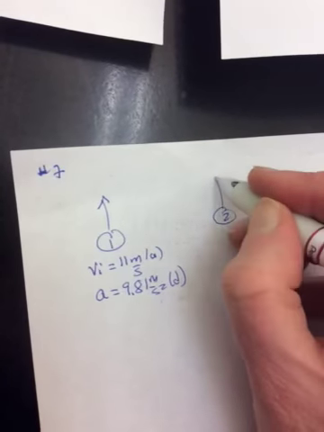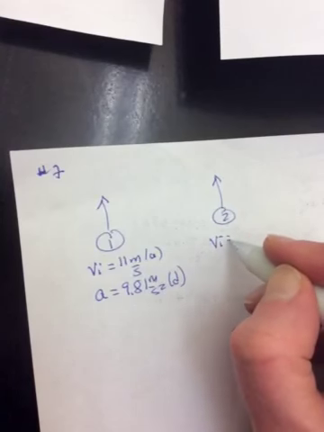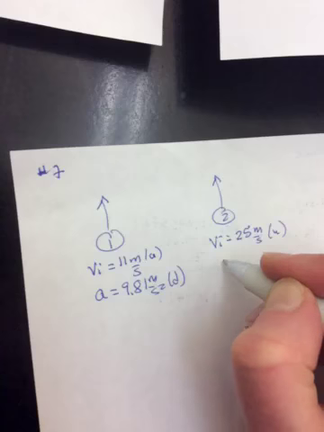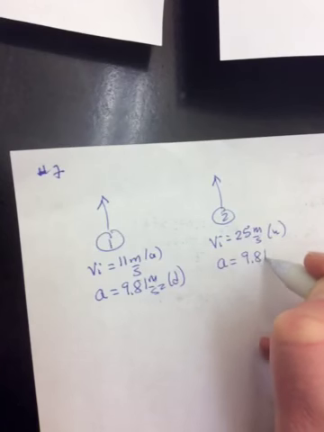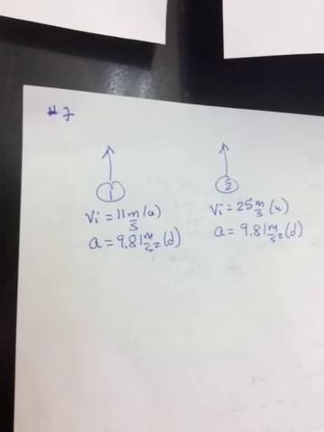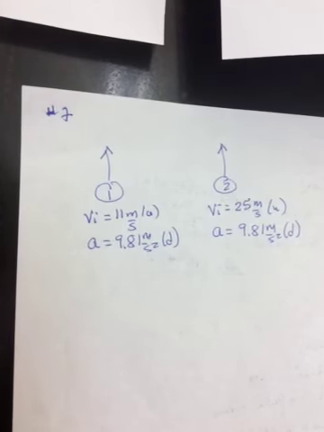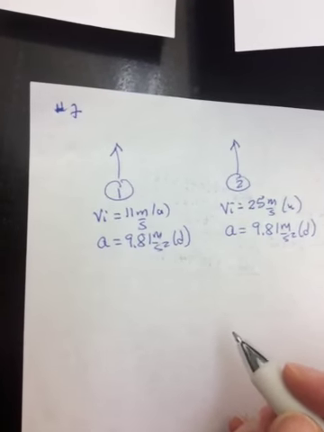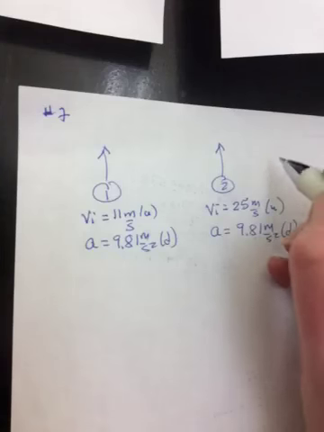Ball 2, thrown upward, VI is equal to 25 meters per second up. A is 9.81 meters per second squared down. And the question says, find the time it takes for the stone to catch up to the ball. So this one is the stone.